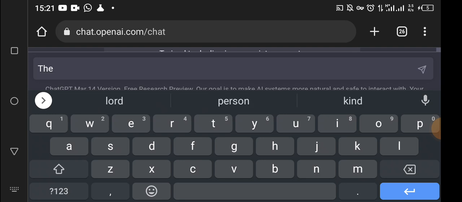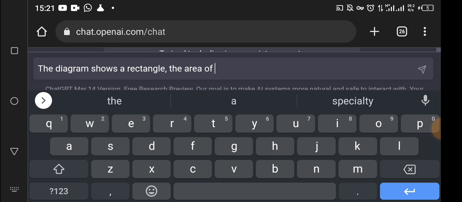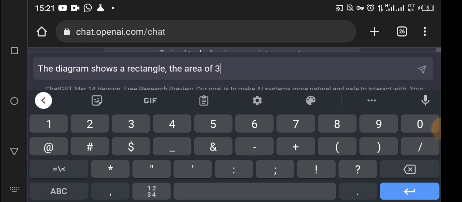Okay, the diagram, right? The diagram shows a rectangle, right? These are called simultaneous equations, and I'm not able to answer these kind of word problems. So the area of 3.5 square meters, right?